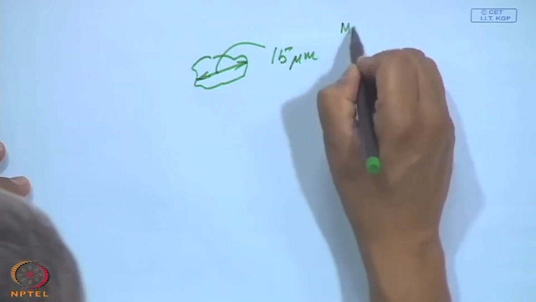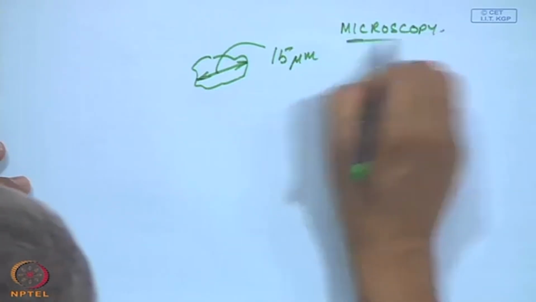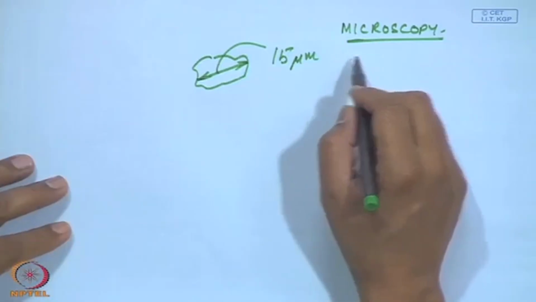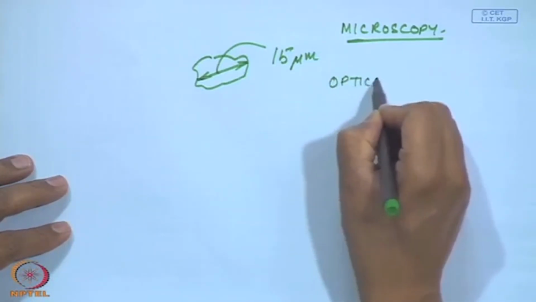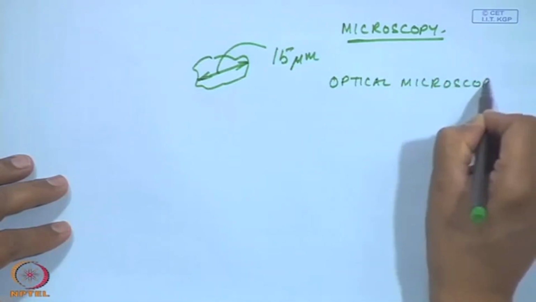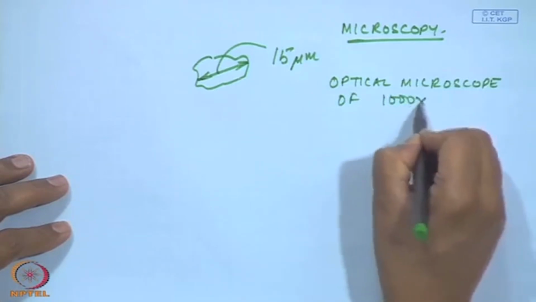This has to be only seen through microscopes. But normally, usually we use an optical microscope of about 1000 magnification.